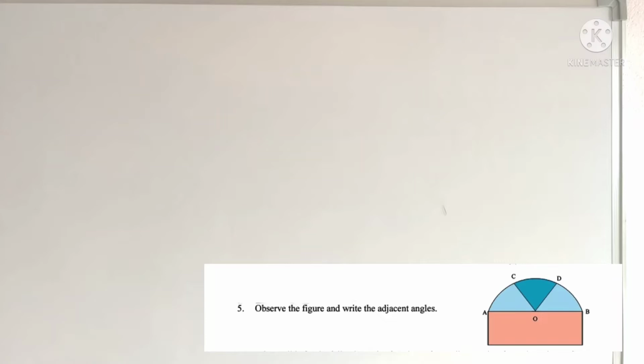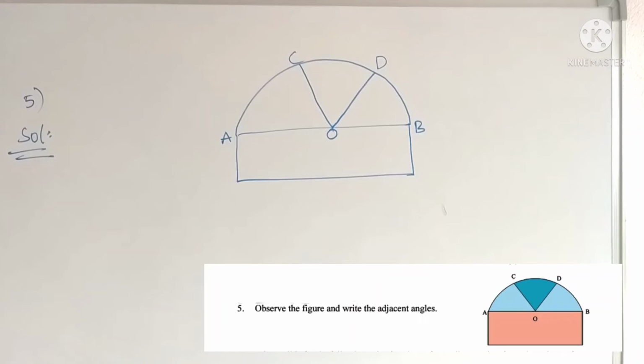Next, fifth problem. Observe the figure and write the adjacent angles. So adjacent angle means the two angles must have a common vertex and common arm, and the two angles must lie on either side of the common arm.